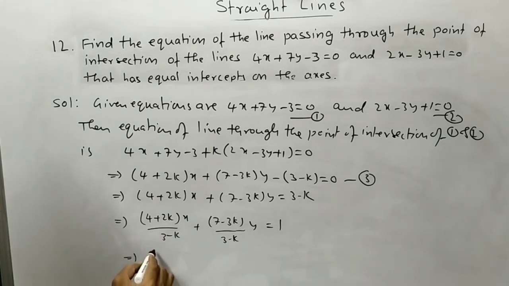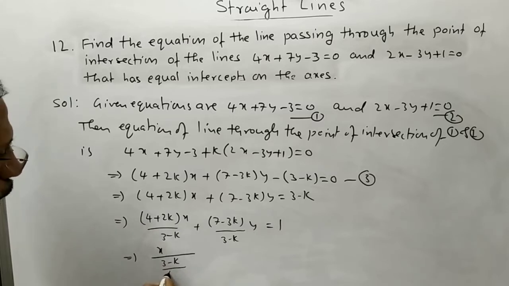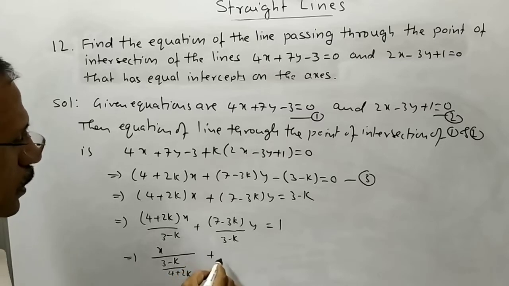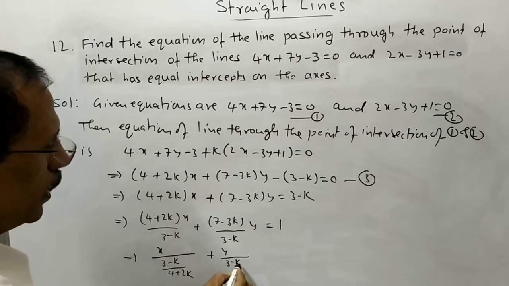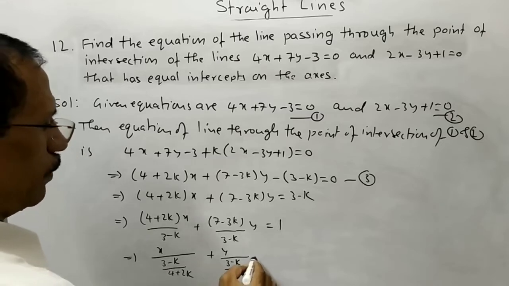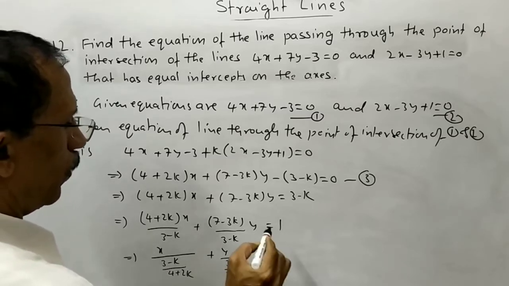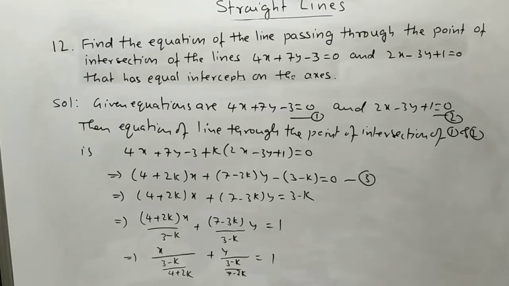This implies x divided by 3 minus k whole divided by 4 plus 2k plus y divided by 3 minus k divided by 7 minus 3k is equal to 1. This is in the form of x divided by a plus y divided by b is equal to 1.